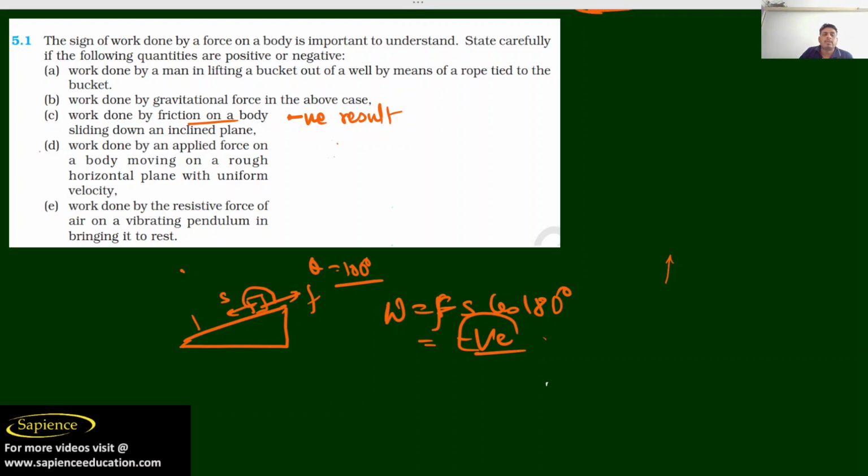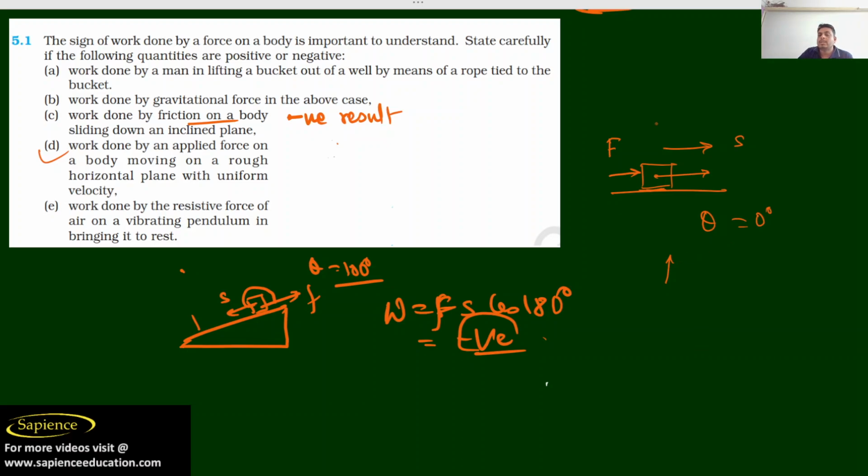Now next is the work done by an applied force on a body moving on a rough horizontal plane with uniform velocity. Let us consider an object moving in this direction. Since a force is being applied on the body, F, and as you know the body will move in this direction, theta is 0 degree.